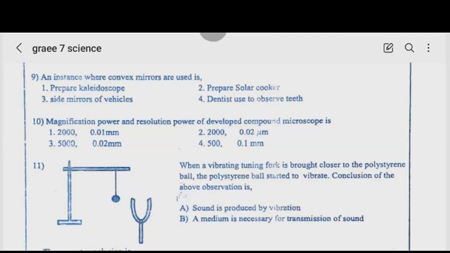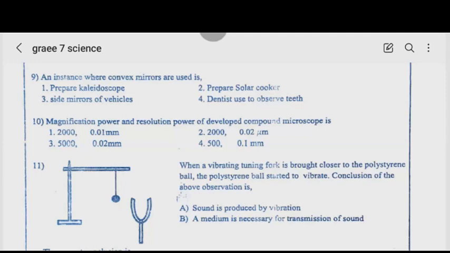So the only instance here where convex mirrors are used is side mirrors of vehicles. Is the solar cooker preparation given in your textbook, children? No, teacher. All right.